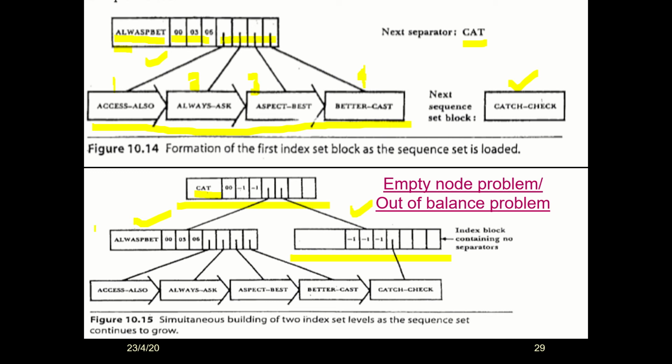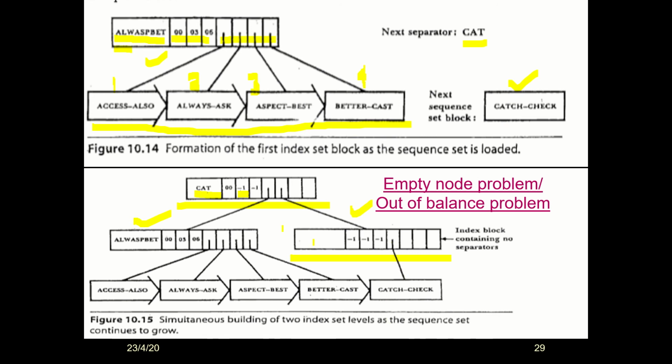So your first node remains the same on the left side of CAT, that is 0 0, the first block. Then comes -1, in the sense that it does not have any separator, which is why it is given the value -1. In the first block we have a separator that is the same as CAT. We are not introducing it here because updates need to be done. Straightaway we go to the first block number, that is catch to check.